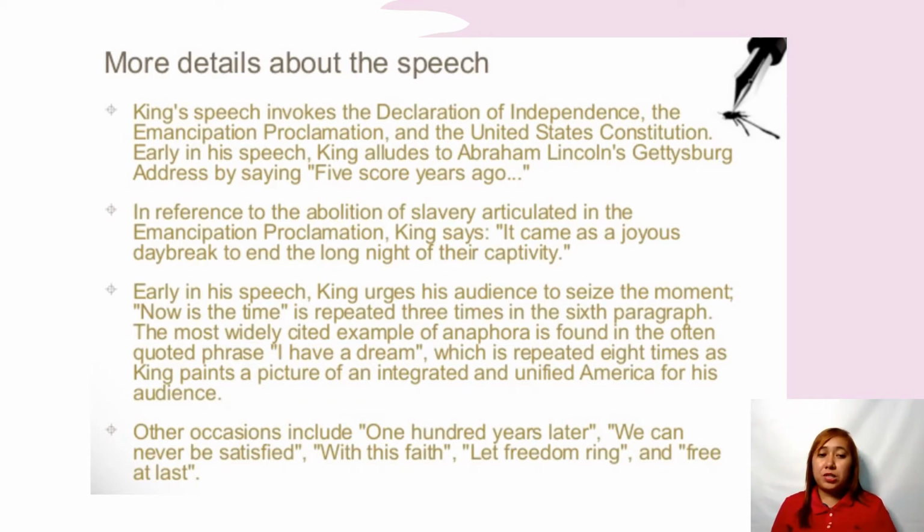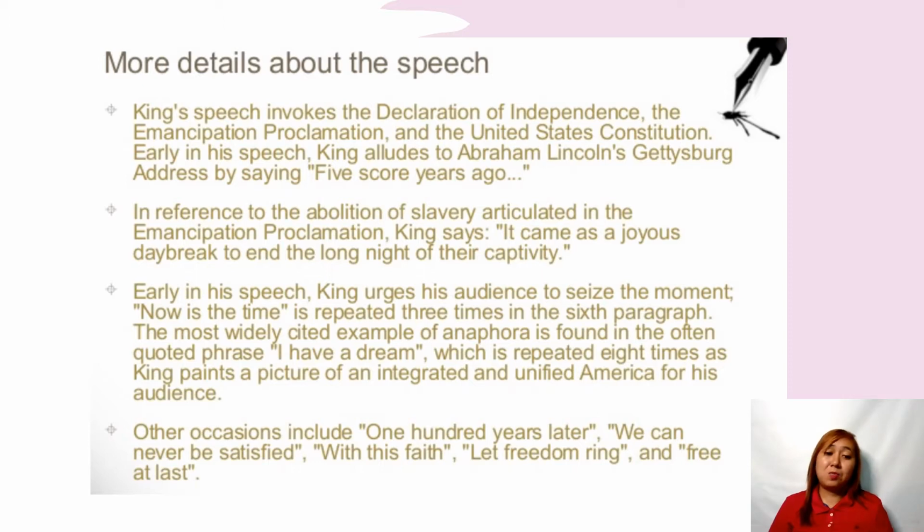In reference to the abolition of slavery articulated in the Emancipation Proclamation, King says it came as a joyous daybreak to end the long night of their captivity. So in this part, King is hoping to gain the freedom that he and the African American people have been longing for a long time.